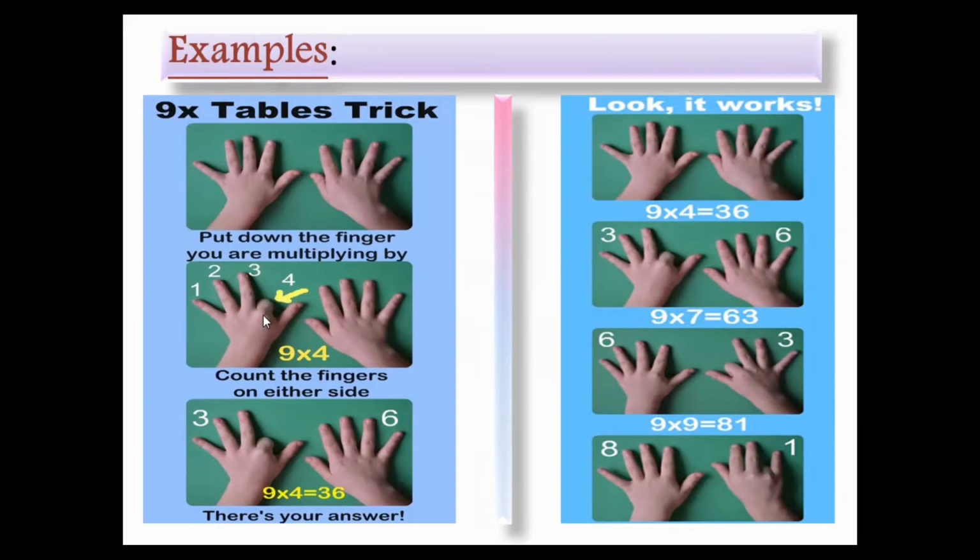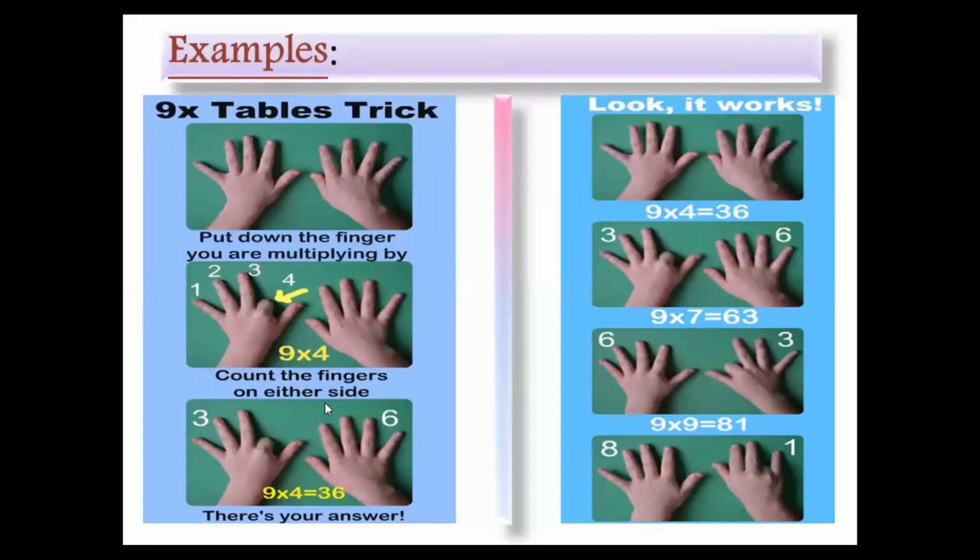Now we count all fingers before the fourth finger from the left. How many fingers are there? We have 1, 2, 3. So we write number 3 in the tens digit of the product.